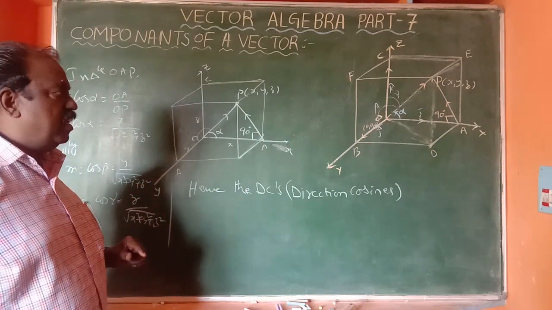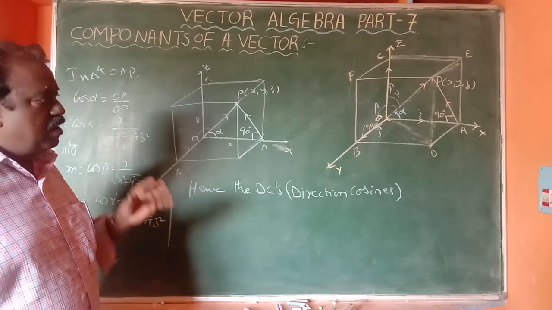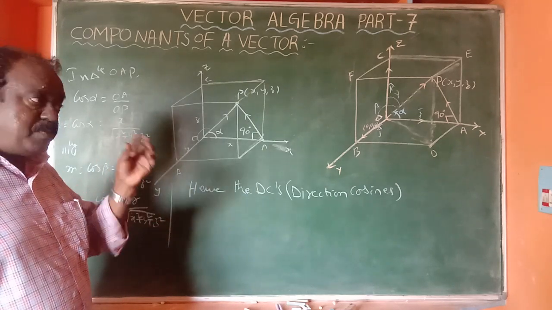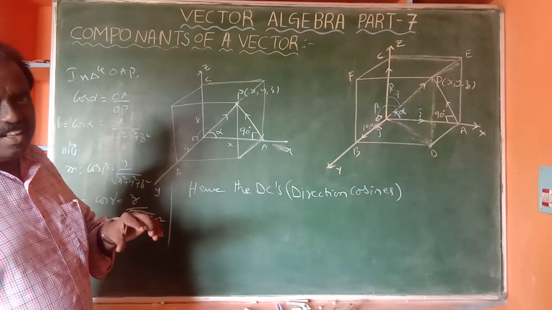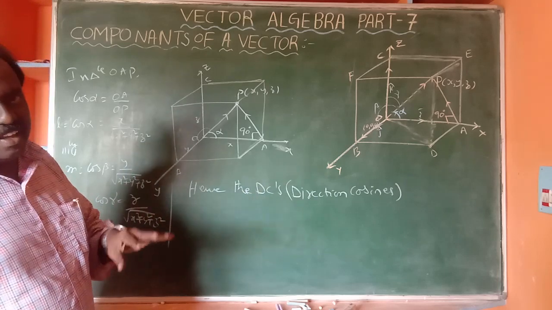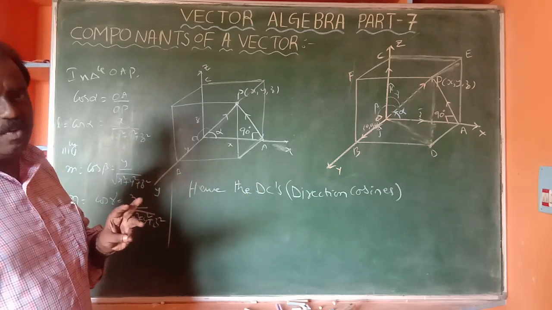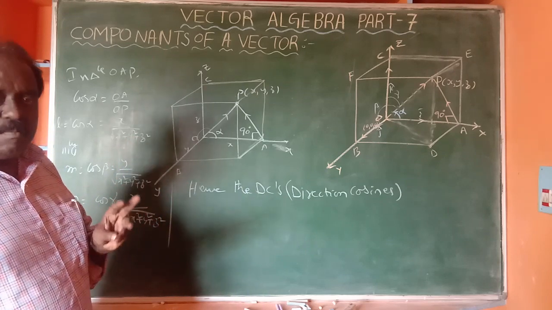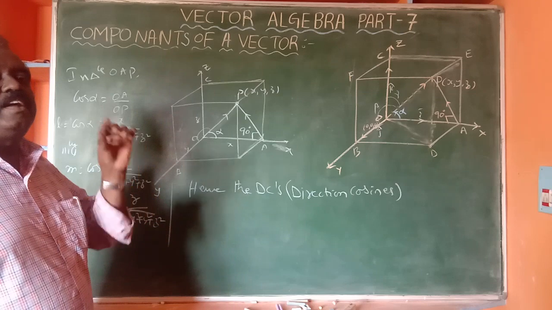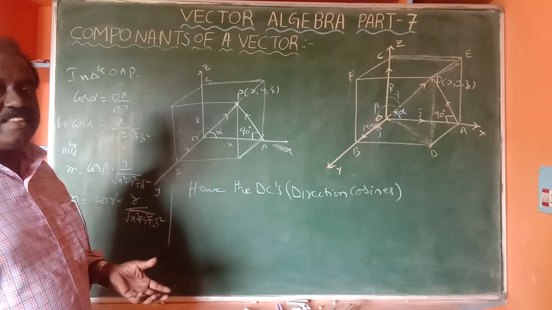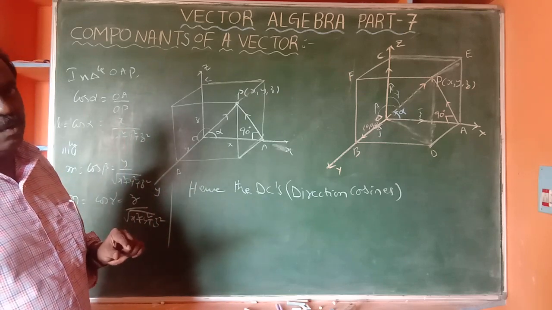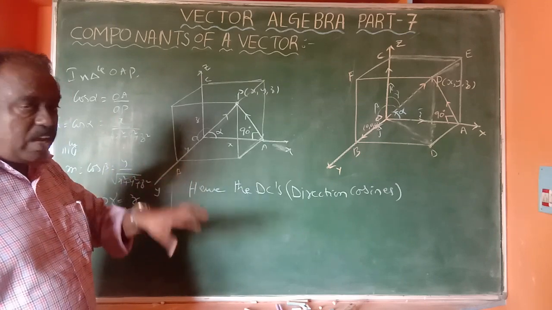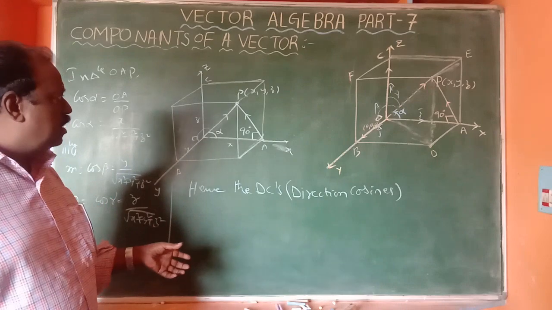DCs are different. DRs, for any vector, are the components, the coefficients of i, j, k, the multiples of i, j, k. That is x, y, z. Those sets of three numbers are first called components, next they are called direction ratios. Already we know it. But here it is direction cosines, which are a different thing.